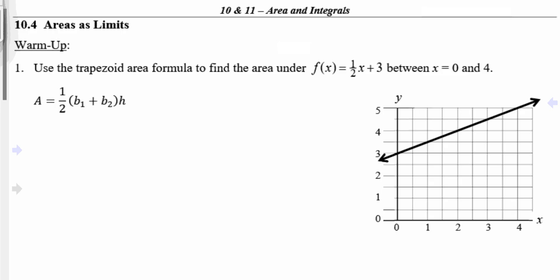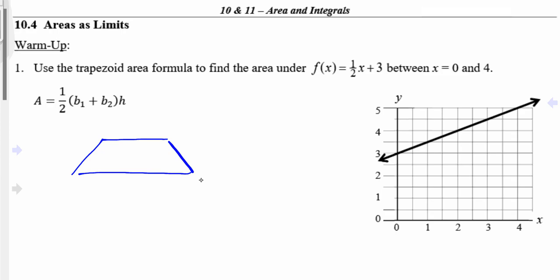So here we're looking for the area of this trapezoid. Let me do some rough sketches here, and you can tell me, is this a trapezoid, yes or no? Yes, trapezoid. So what is a trapezoid? Half a hexagon, could be.